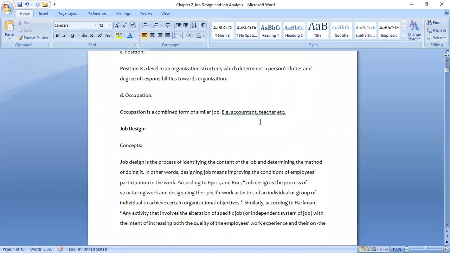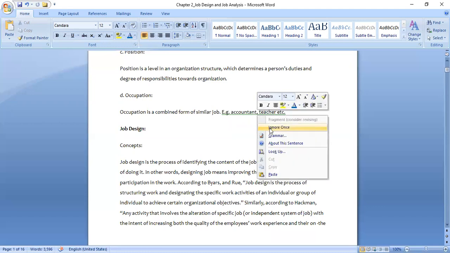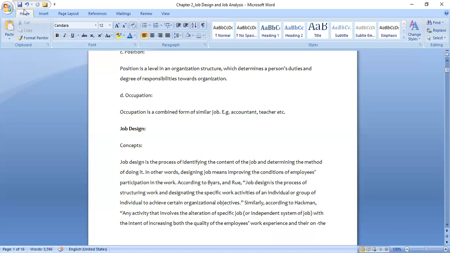Probably we've been taking these terms synonymously, but this is the right time for us to distinguish between these terms. Then an occupation is basically a combined form of similar jobs. For example, when we say an accountant, a teacher, that is an occupation, right?